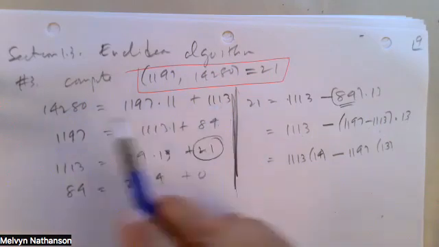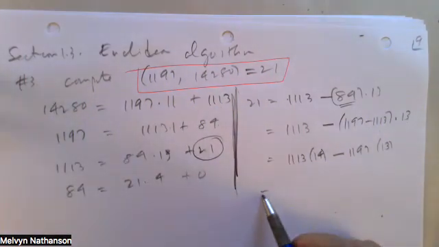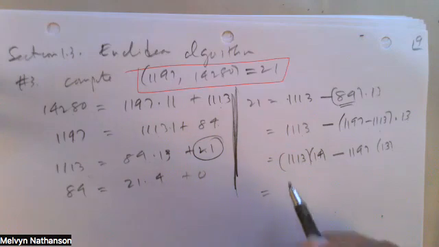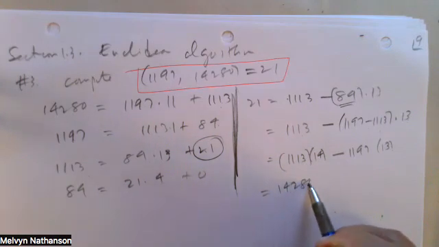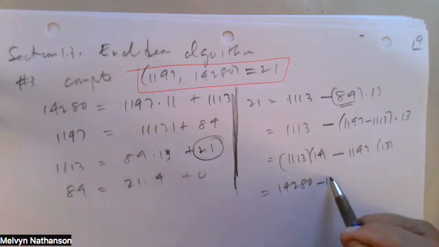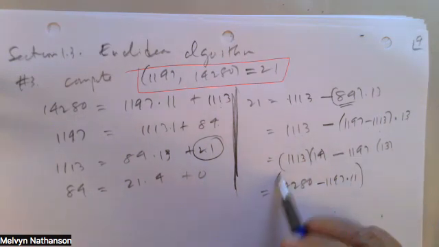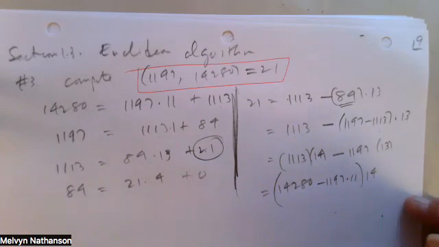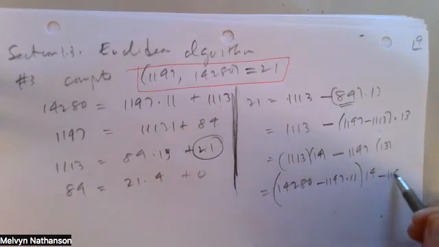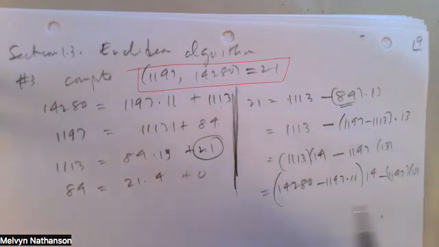But 1113 is this minus this. 1113 is 14,280 minus 1197 times 11. And I'm multiplying that by 14 minus 1197 times 13.